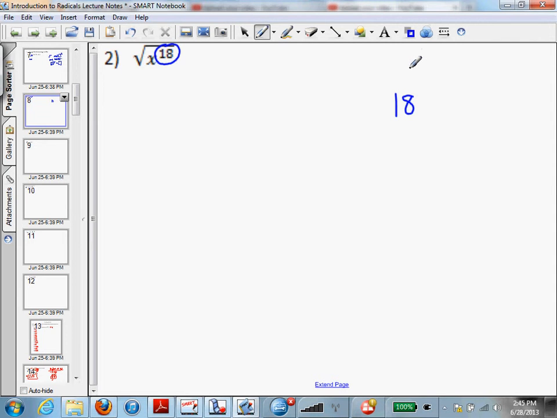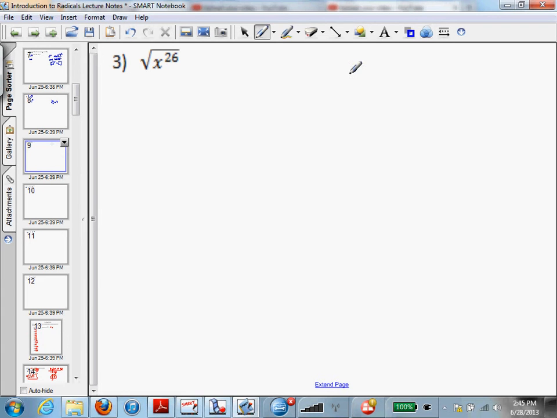You just divide it by 2, because that is the number outside of the radical when it's a square root. And what you're going to get is 9. Since 18 is an even number and it's divisible by 2, it's coming out as 9 as our exponent. And then we just write our base of x. And that's your final answer. The radical is gone.